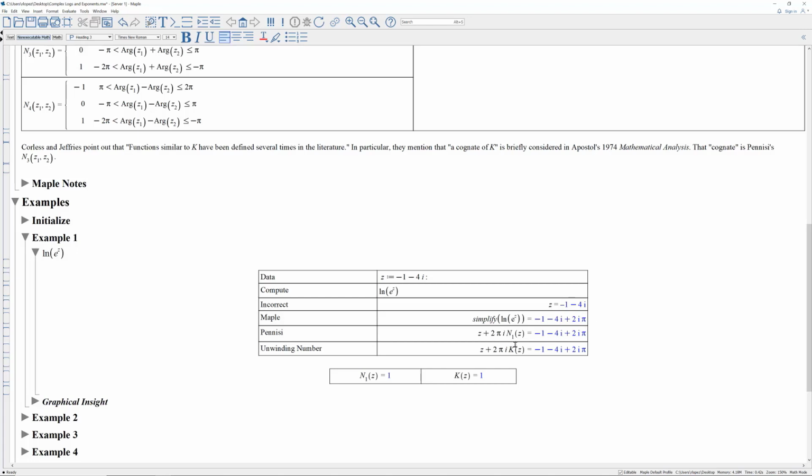If you use n1 or if you use k, well, we discovered that they're both the same. You get the correct answer, because here's the adjustment, 2 pi i in both cases. N1 and k are both 1. Well, that's the kind of example that illustrates that you sometimes have to make an adjustment on these laws to make them valid in the complex plane.